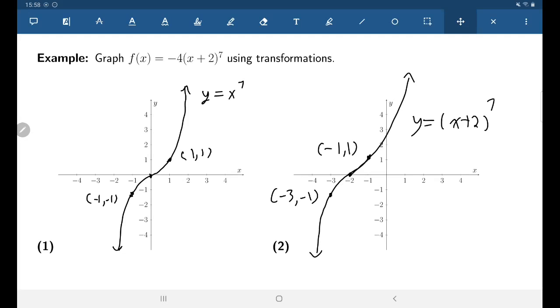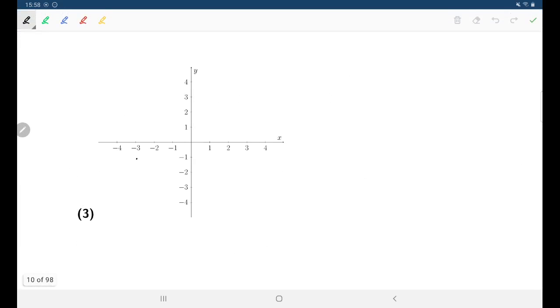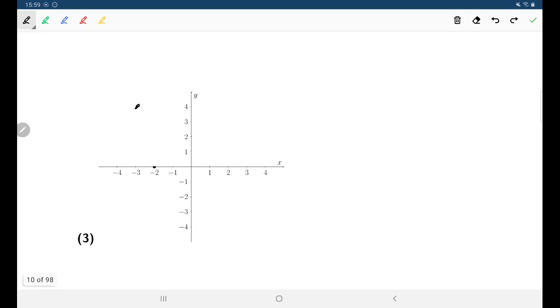So the last thing that I need to do is my vertical stretch and flip. Remember that I would be doing that by multiplying all of my y coordinates, in this case by -4. So the first point that I had, which was -3, -1, I'll multiply that y coordinate by -4 to give me the point -3, 4. The next point, -2, 0, stays there, since the y coordinate when I multiply it by -4 stays as 0. And the last point, which was -1, 1, when I multiply its y coordinate by -4, I get the point -1, -4.